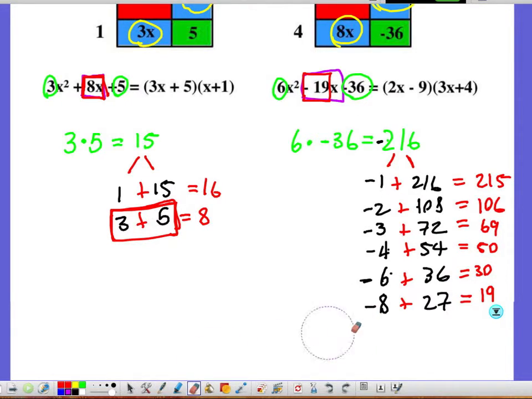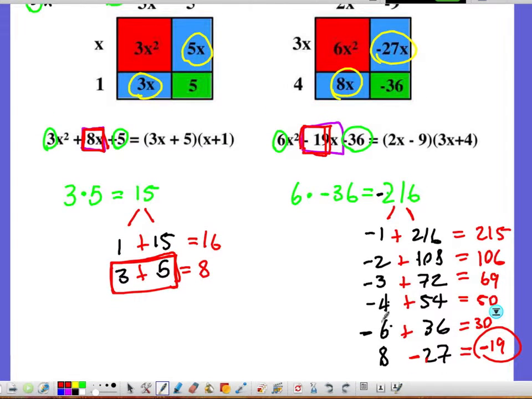So negative 8 times 27 does give me negative 216, but couldn't I do this? Instead of having negative 8, I have negative 27 and positive 8. If I multiply those together, does it still give me negative 216? Yes, it does. But now check this out. 8 minus 27 gives me negative 19, which is exactly what I'm looking for.